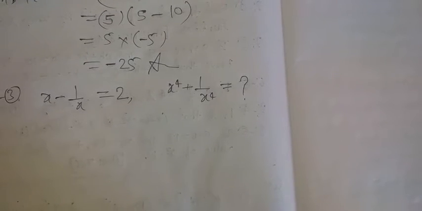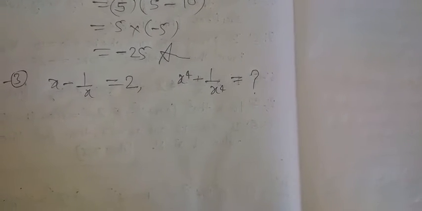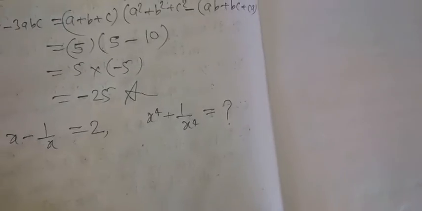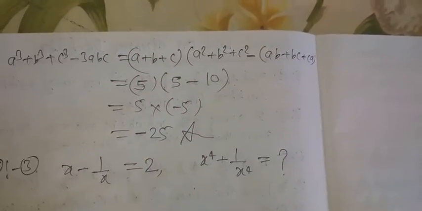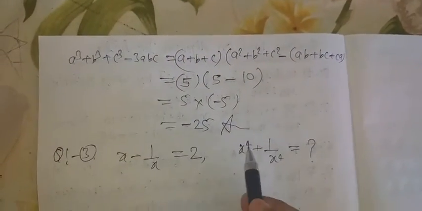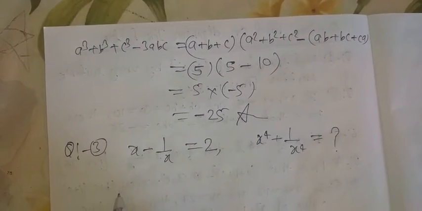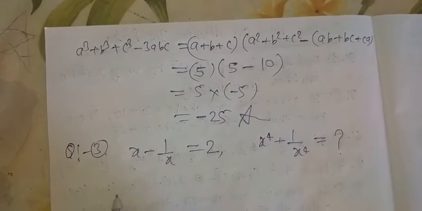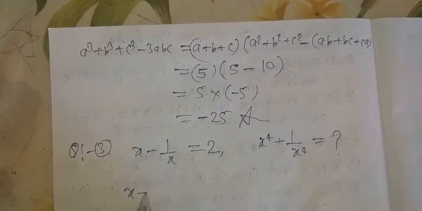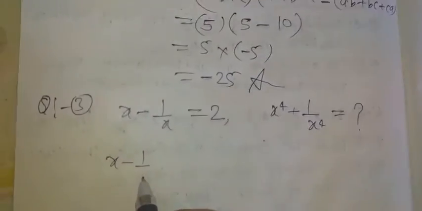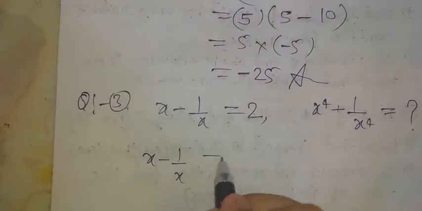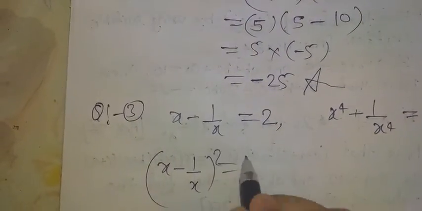First you try to think of the formula for that. So how to get x to the power 4? First you have x minus 1 upon x equals 2, squaring both sides.